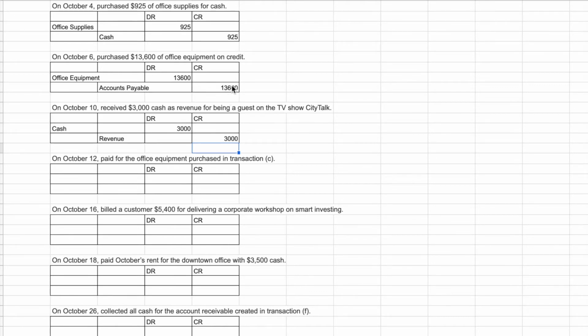If the accounts payable goes down, that will be a debit to accounts payable, which will effectively wipe this accounts payable out. So first of all, accounts payable for $13,600. And cash is going down too. Cash is an asset. A decrease in cash would be a credit.